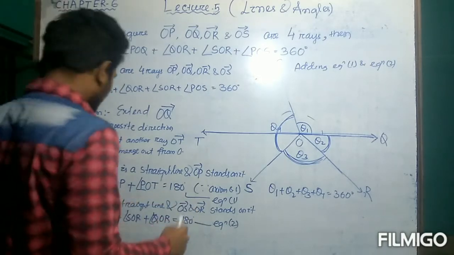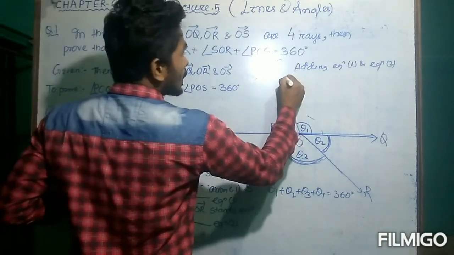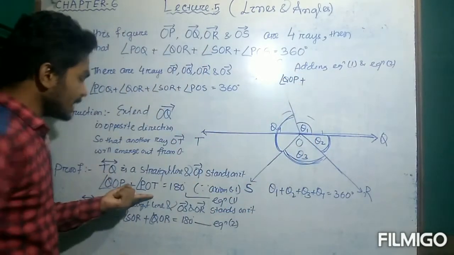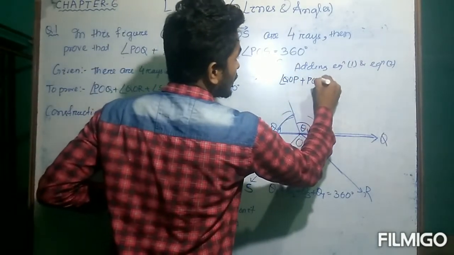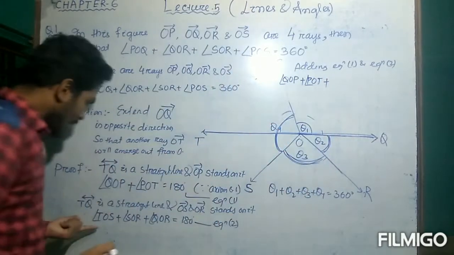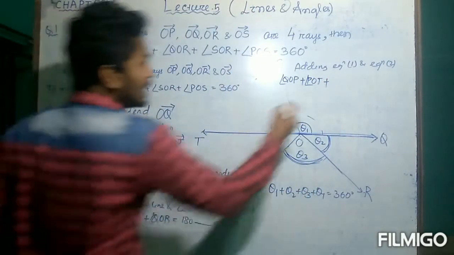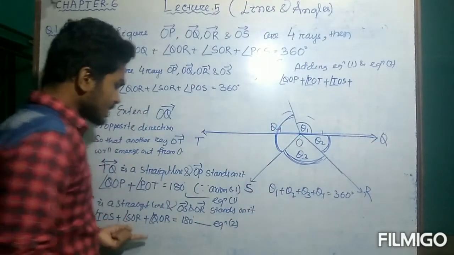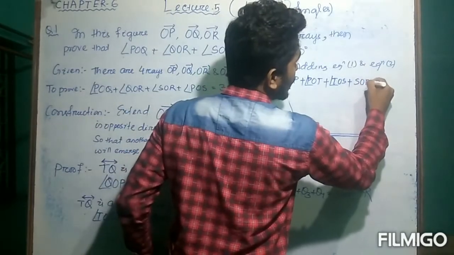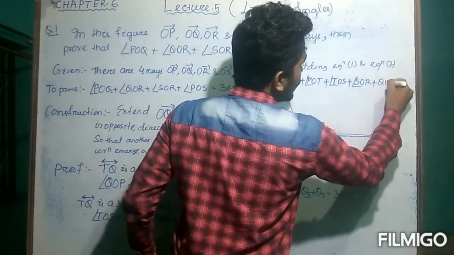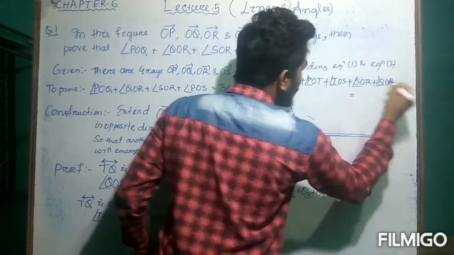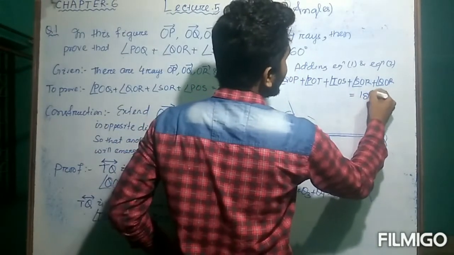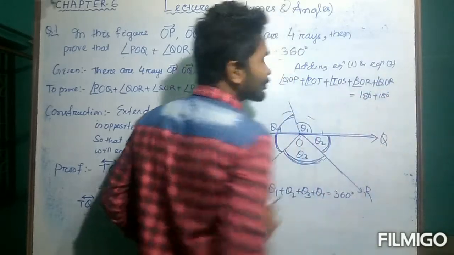So the left hand side for equation 1 will be QOP plus POT, this LHS should be added with this LHS. So TOS plus SOR plus QOR is equal to RHS plus RHS, 180 degrees plus 180.